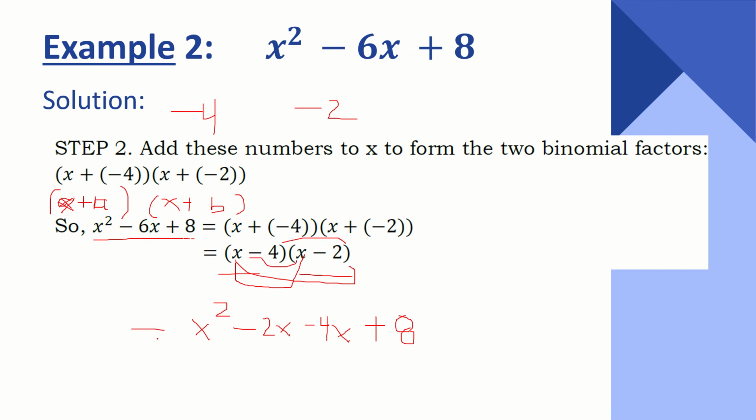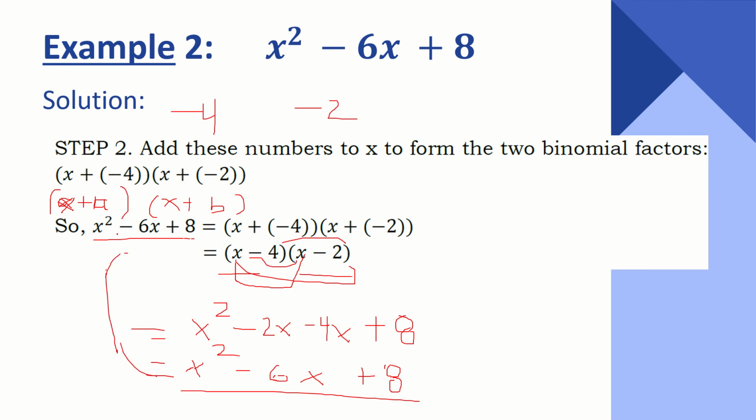Now, combine like terms: x squared, negative 2x minus 4x. The result is negative 6x plus 8. Therefore, our factor x minus 4, x minus 2 is correct because the trinomial diri nga side is equal sa trinomial diri nga side.